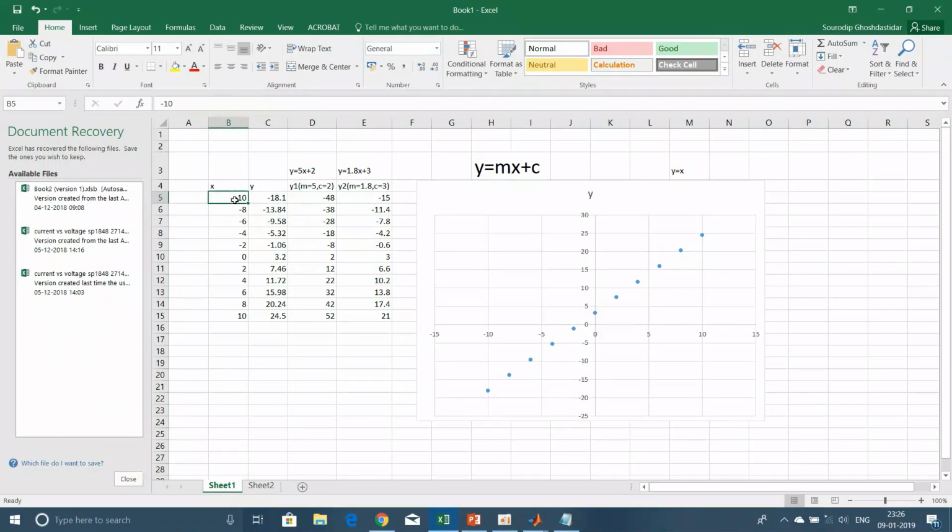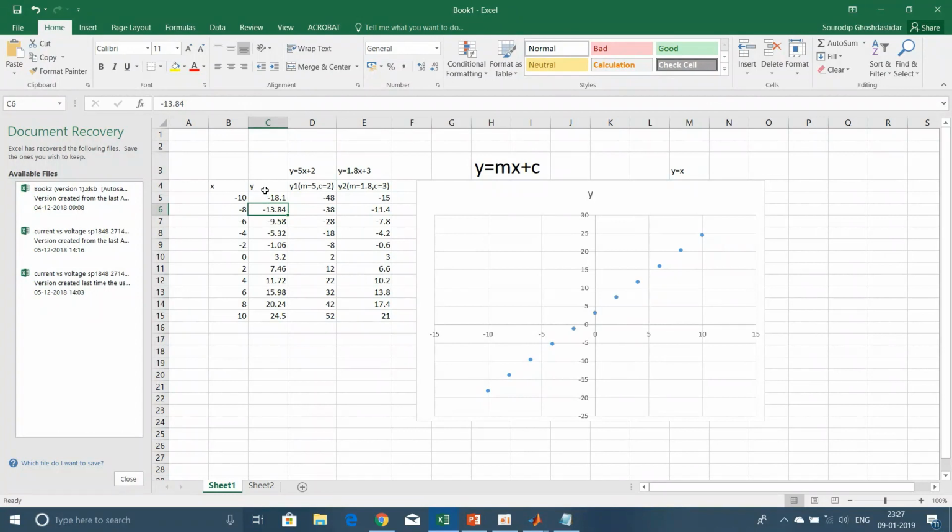If you put -10 into the equation y is equal to 5x plus 2, you'd get -48, which is quite different from -18.1. Similarly, if you put -8 into y is equal to 5x plus 2, you'd get -38, which is quite different from the experimental value of -13.4.